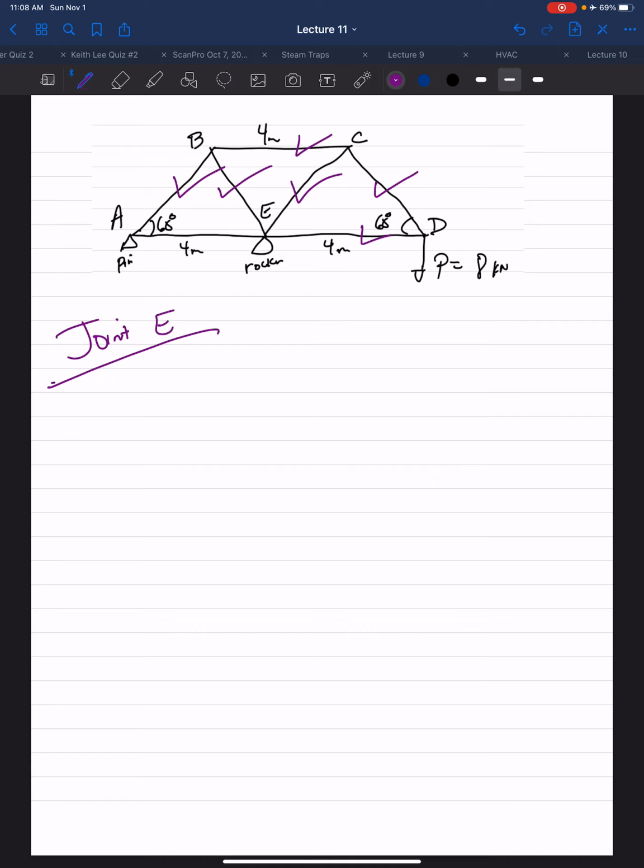So last but not least, we need FEA. So if we go to joint E, remember the rocker, so it's a EY component.